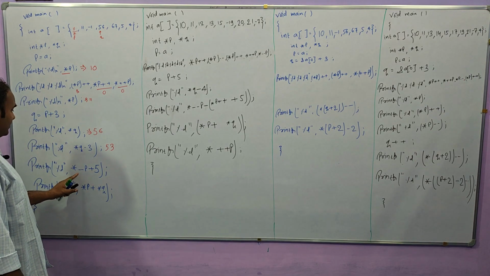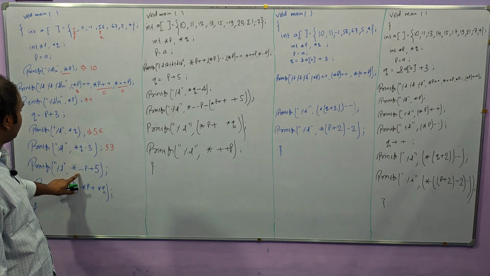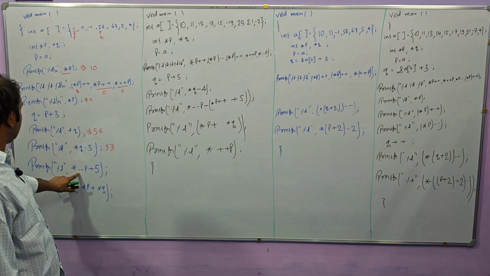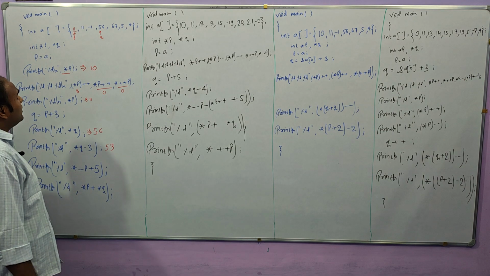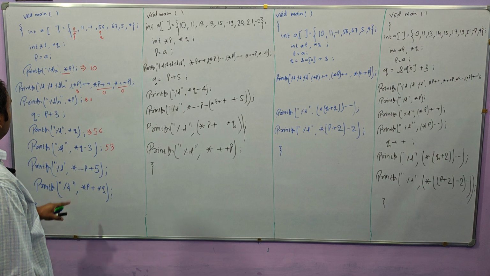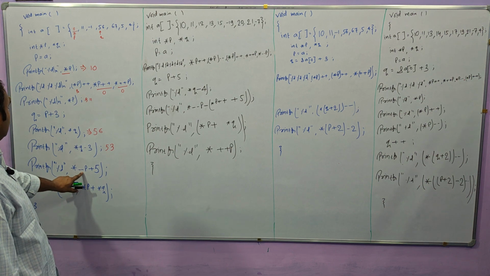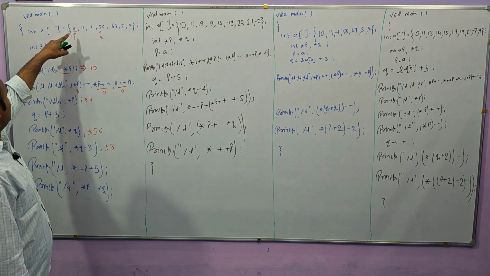Now in this, firstly this value becomes *--p, so 0, and this value is used, 11.